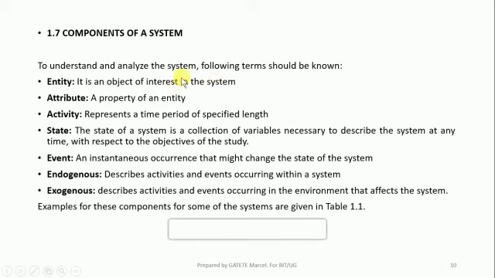For example, we are going to record the marks of students. What will be the entity? The entity will be an object of interest, an important object. What is the important object in recording marks of students? The main object will be students.